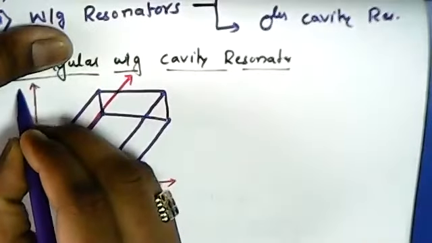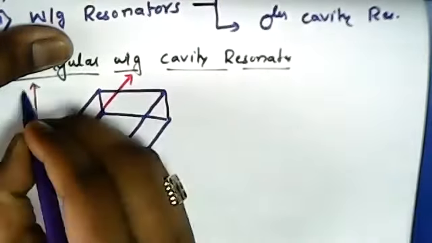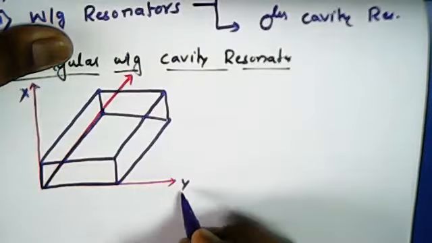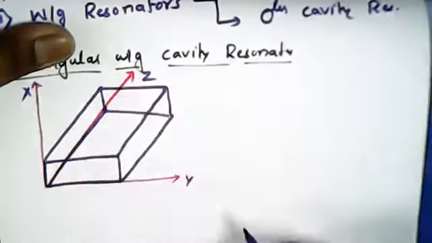We can approximate with any directions. Let this be X, this be Y, and this be the direction of propagation, Z.